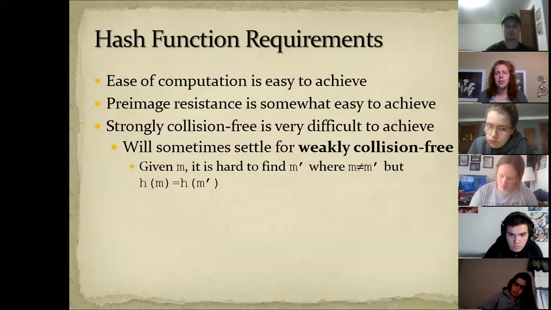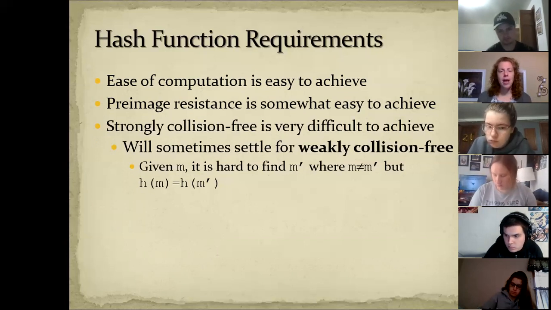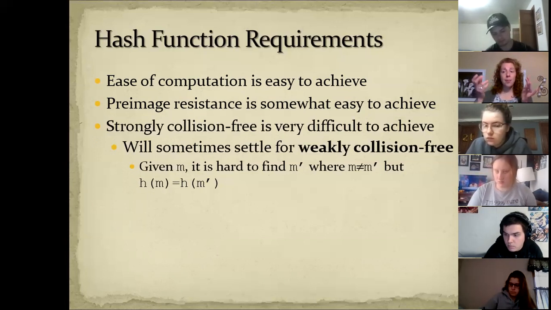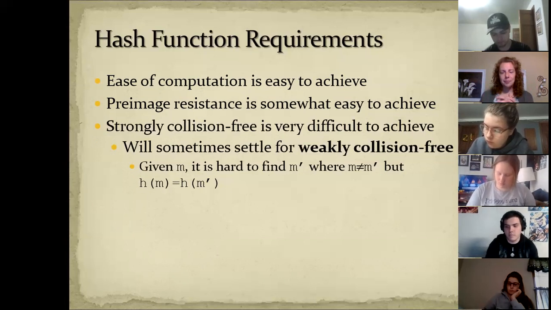We're going to talk about how this is different from strongly collision-free in just a sec. But given a message, it's hard to find another message that hashes to the same value. So given M, it's hard to find M prime so that both of your hashes are the same.